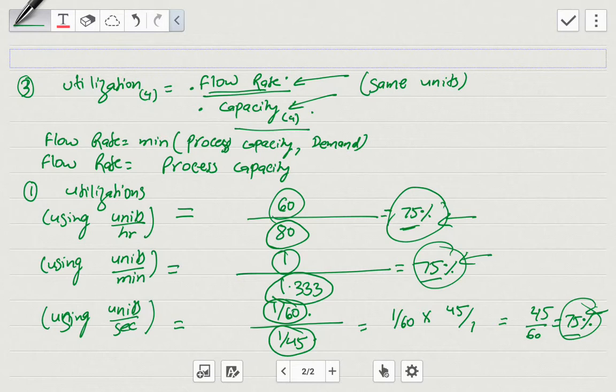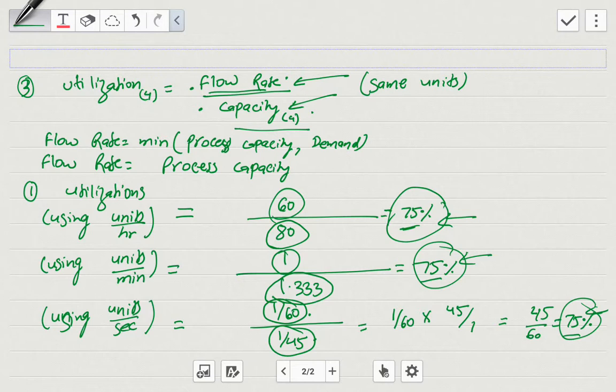Now, in this question, there is a phrase, ignoring the production of the first and last units. This is a very normal phrase to say, don't worry about the scenario when we're still trying to fill the pipeline of the process. It means ignore the times when all the processing units don't have an item to work on yet.